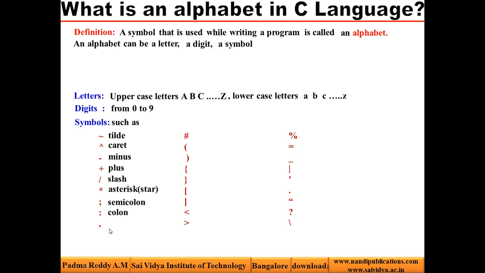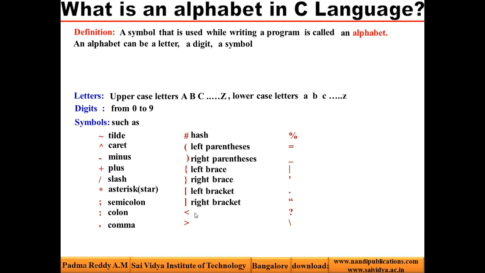This symbol is comma. This symbol is hash. This is left parenthesis. This is right parenthesis. This is left brace. This is right brace. This is left bracket. This symbol is right bracket. This is less than. It is greater than.